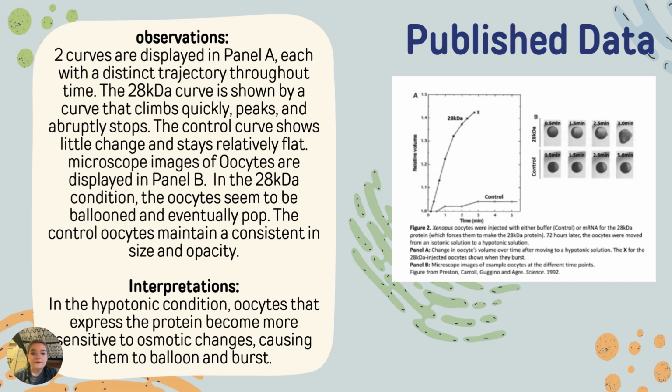Moving on to the next piece, in this piece it adds a little bit more information, showing that when the oocytes are given this protein, they have way more permeability through that membrane, and they're actually able to absorb more water to the point where they explode.